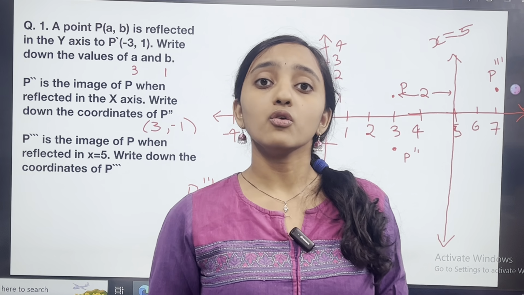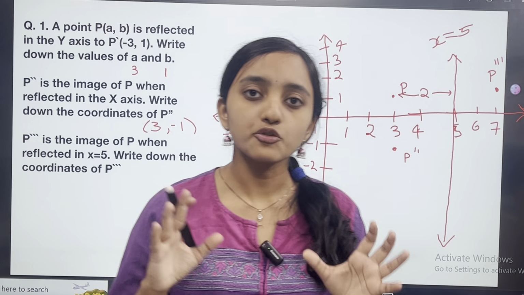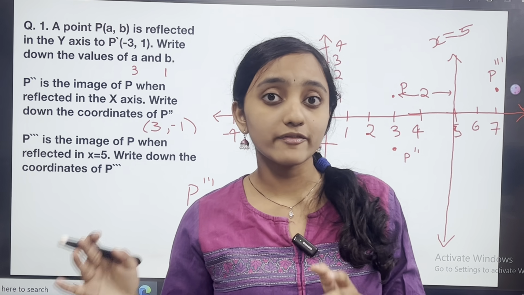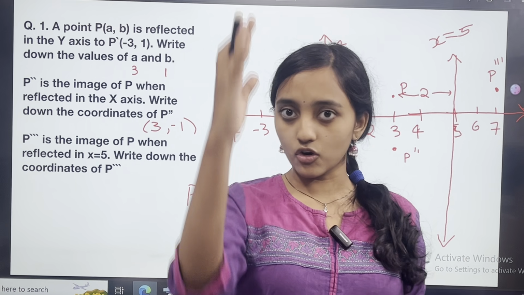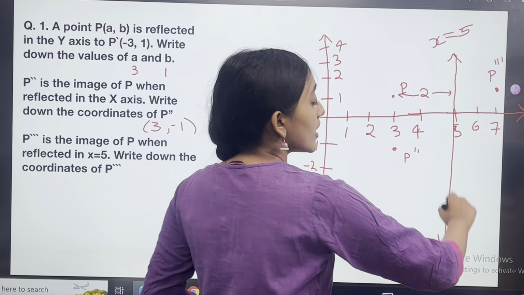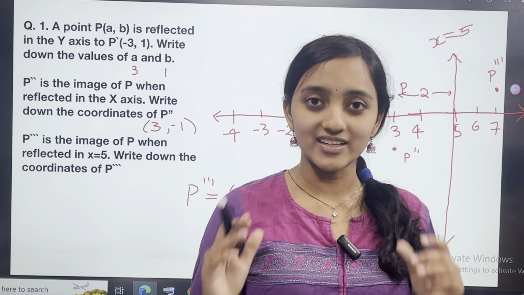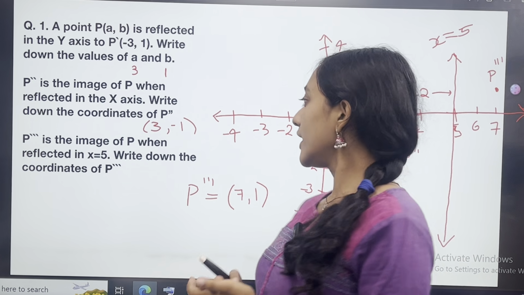Okay, so this is how you are able to find. Also, x is equal to 5 would mean go to where 5 is on the x-axis and then draw a straight line, because wherever in this line you go, the x-coordinate will always be 5, and that is why that line is called x is equal to 5. I hope this is clear.